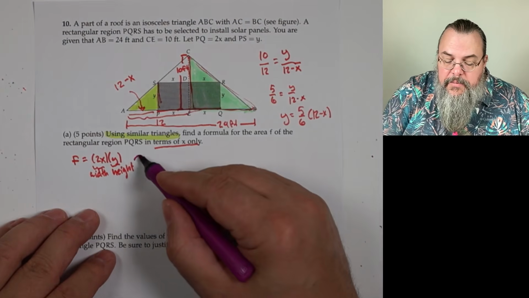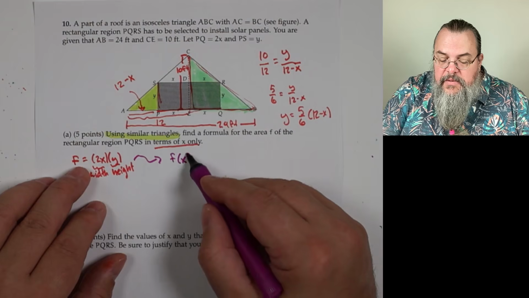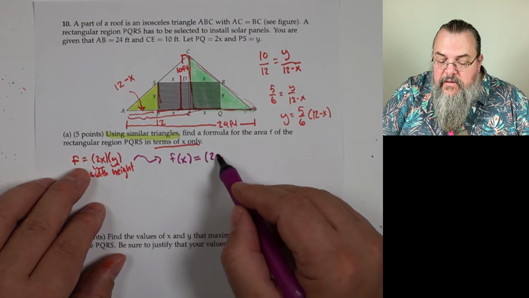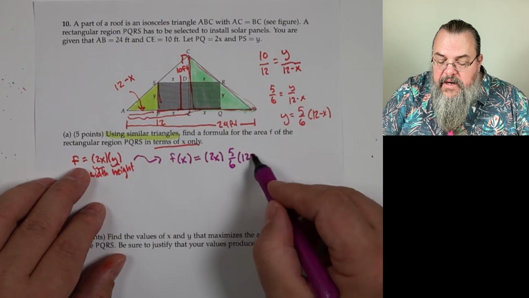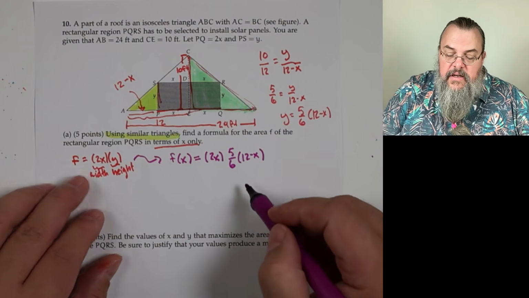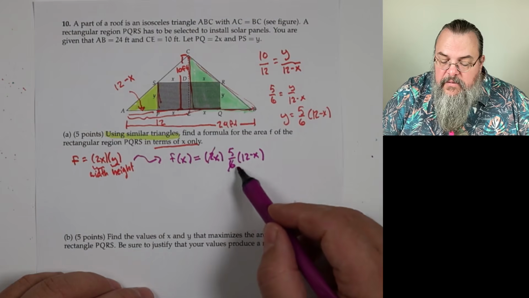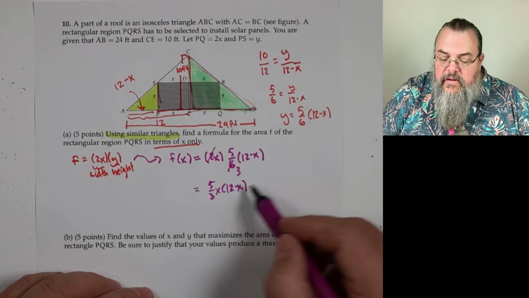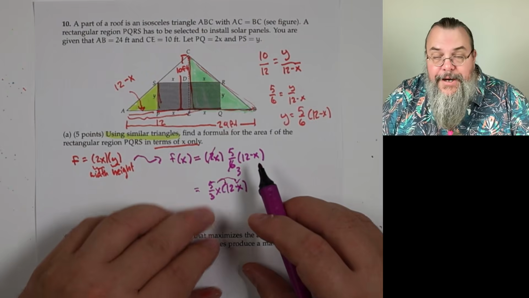So updating, I'm going to be really explicit and say F becomes a function of x, and it is 2x, the width, times 5 over 6 times 12 minus x, the height. And if we wanted to, we can certainly do a few more things. The 2 can go into 6, making it 3. And so we have 5/3 x times 12 minus x. And we could even distribute. Sure, why not?